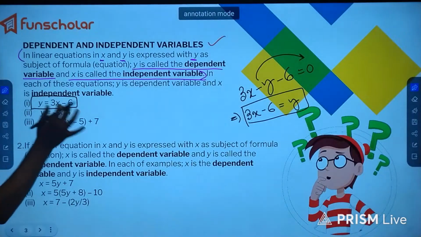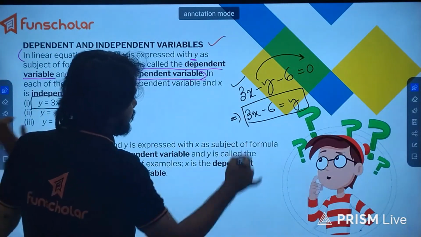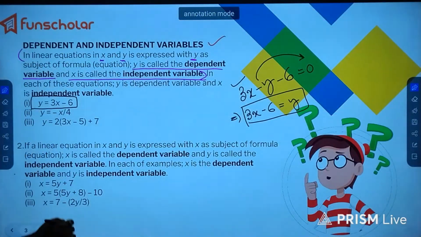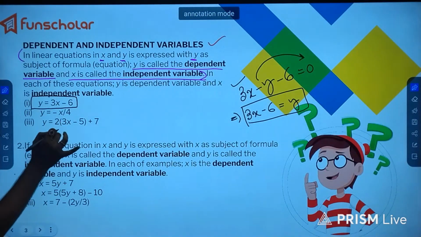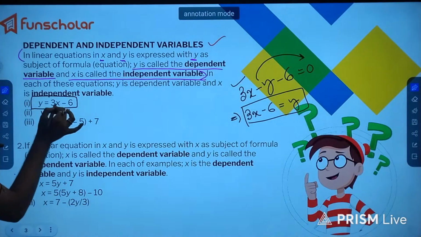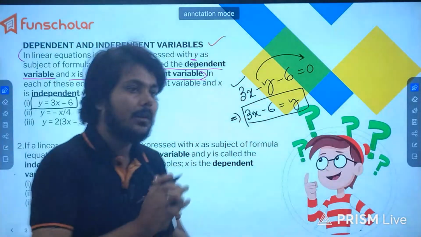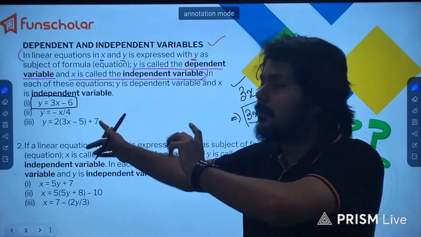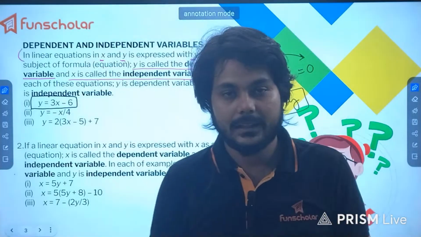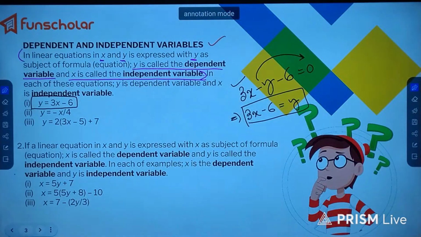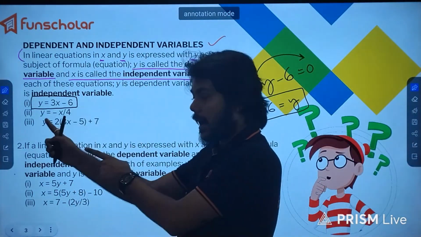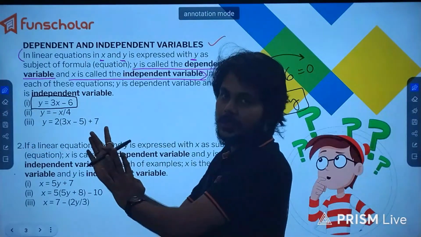Now, why are we doing this? We are doing this because we actually want to represent y in terms of x. We actually want to represent the value of y in terms of x. Is it clear or not? Very clear. We want to express the value of y in terms of x.